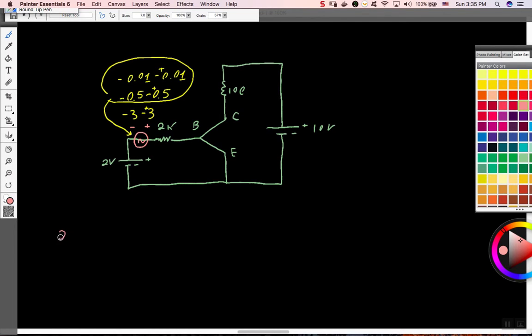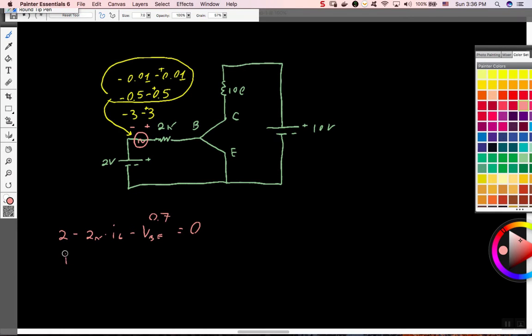So we do 2 volts minus 2k IB minus VBE. We assume that it's 0.7 and that the transistor is in the active state, and that assumption was actually borne out. Okay, and good, and we have that.